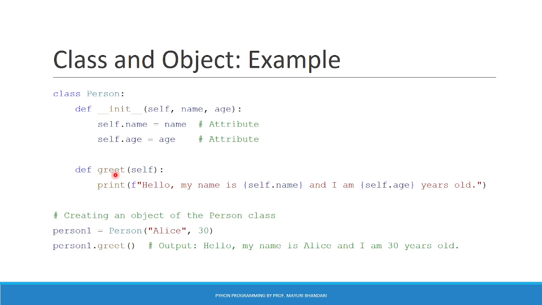We don't want any parameters for this greet method, still we have given one parameter, that is self. Every method in the class will have self as its first parameter. Then we are printing: hello, my name is self.name and I am self.age years old.